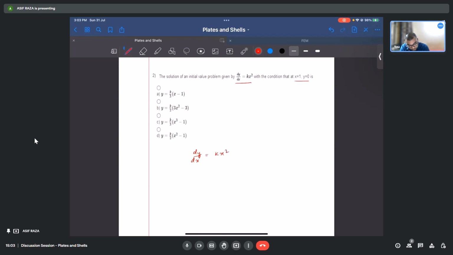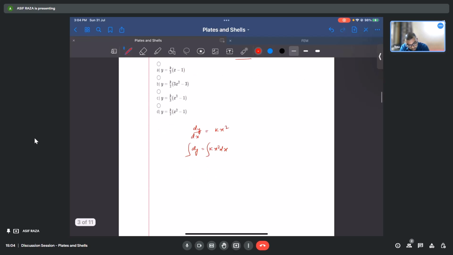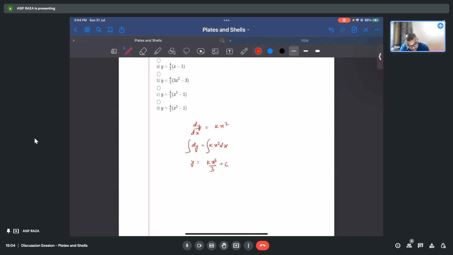So dy equal to kx square dx, integrating on both sides, we get y equal to k x cube by 3 plus c, where c is the constant of integration. Take it as equation number 1.